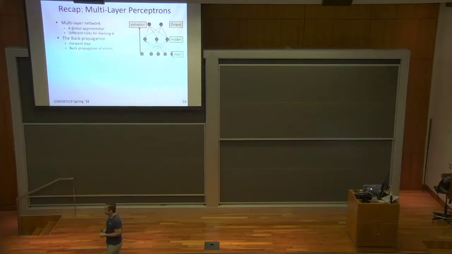Let me first give you a recap on what we talked about last time. So last time we started talking about neural networks. We talked about this architecture that we like to call multi-layer perceptron, feed-forward neural networks. This is how they look. There's an input layer, a bunch of intermediate layers, and there's output, right?